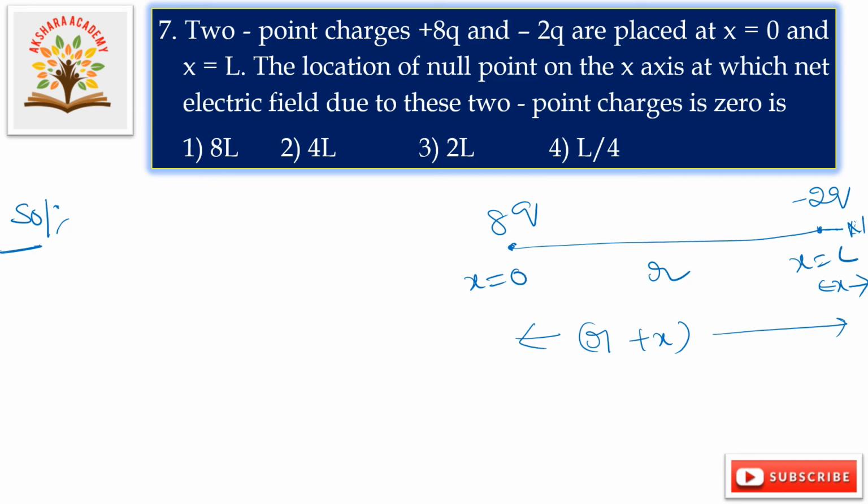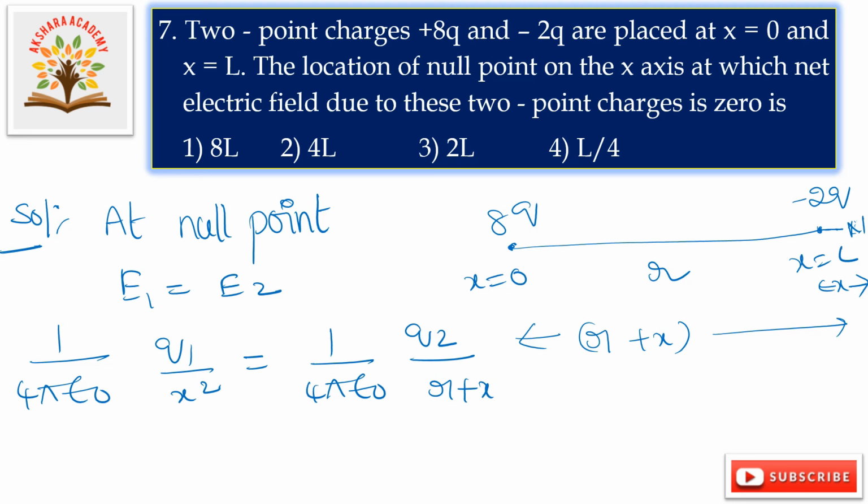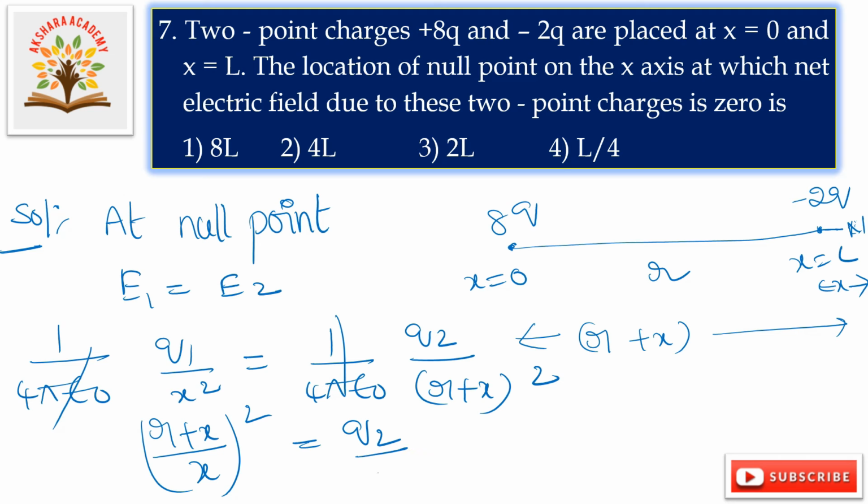Now at the null point, E1 is equal to E2. So 1 by 4 pi epsilon naught Q1 by x square is equal to 1 by 4 pi epsilon naught Q2 by r plus x whole square. 1 by 4 pi epsilon naught cancels. So this is written as r plus x by x whole square is equal to q2 by q1.